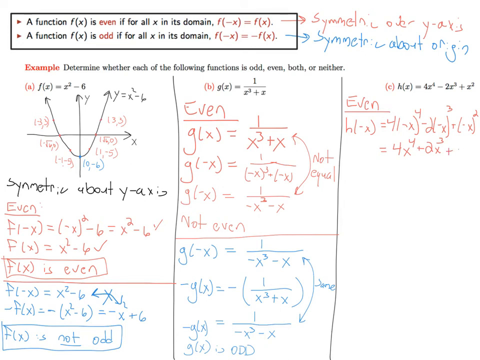And for the last term, minus x squared gives me positive x squared. So here's h of minus x, and h of x was 4x to the 4th minus 2x cubed plus x squared. These are not the same.